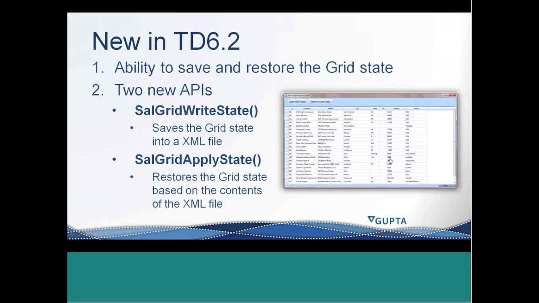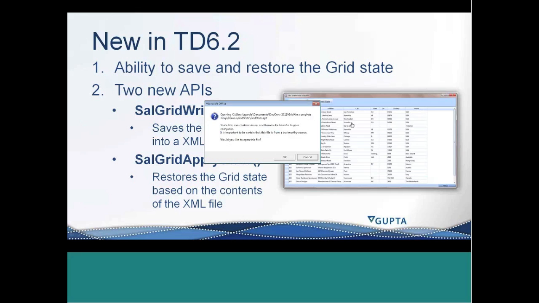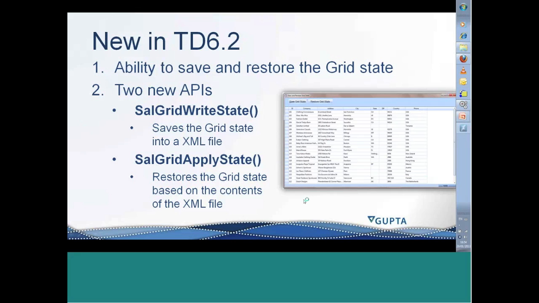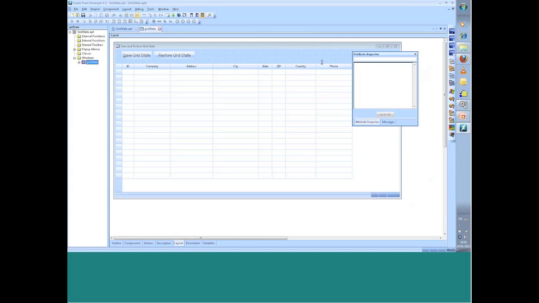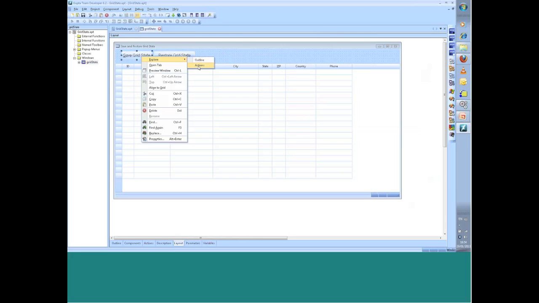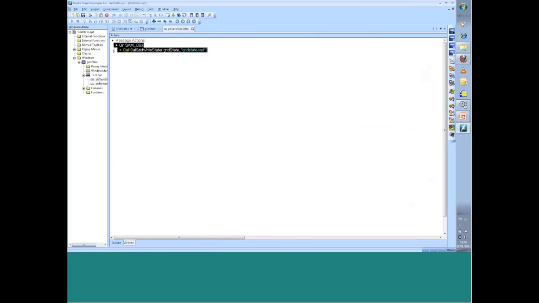So, I have a demo here. Let's have a look on how it works in Team Developer 6.2. So again, very straightforward, two simple functions to save the grid state and to restore it.